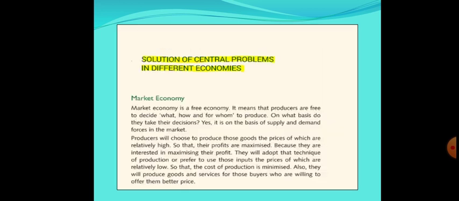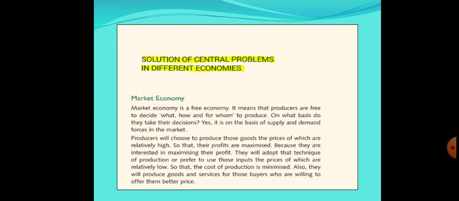Our next topic for today is how these central problems are solved in various types of economies. Let us first take market economy or free economy. As we already know, in this type of economy, the government's role is minimized while the private sector dominates.